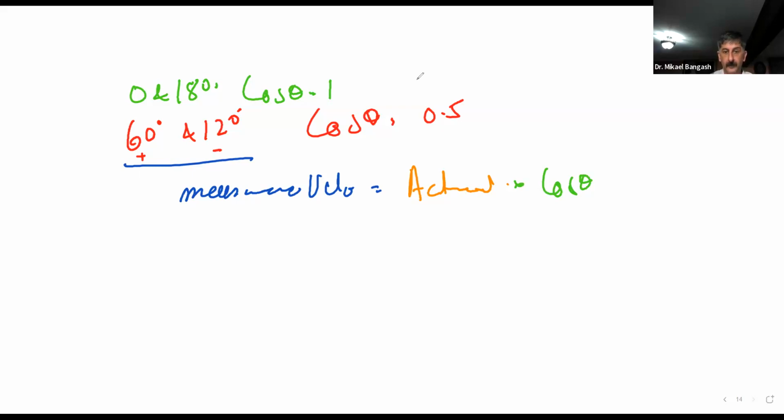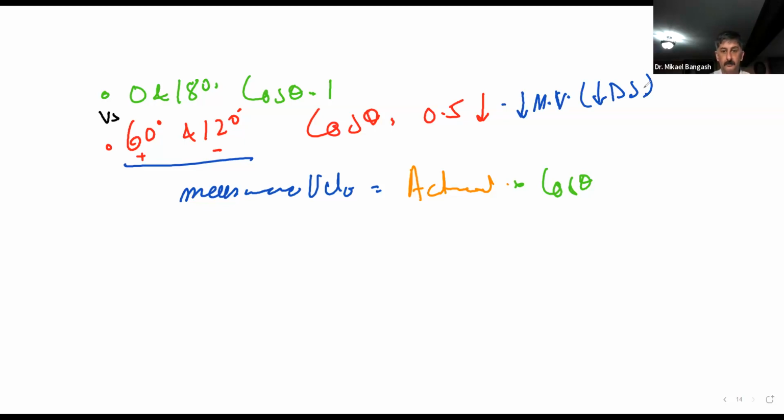So when we compare this one here versus this one: this is a lower cosine theta value, so we have a lower measured velocity, or a lower Doppler shift.